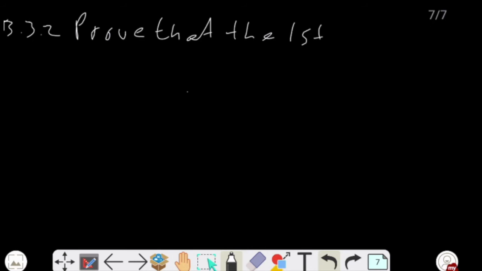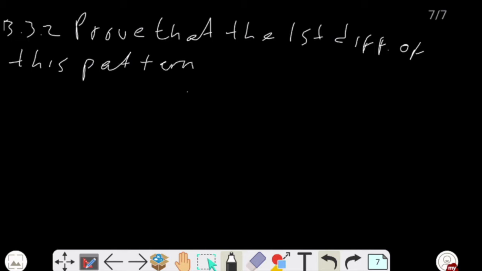Question 3.3.2, it says prove that the first difference of this pattern will always be odd.